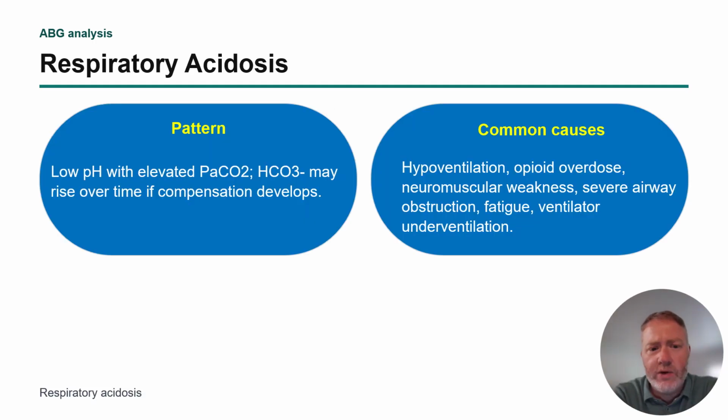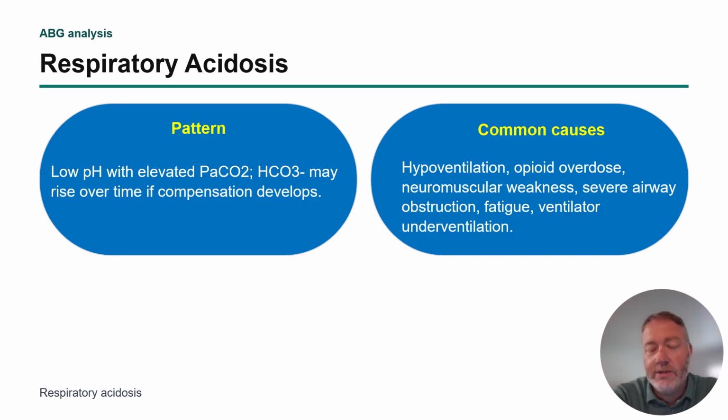In terms of a respiratory acidosis, where the pH is low and the PaCO2 is high, the bicarb can be either normal or high in most cases. If it's normal, then it's an acute situation, an uncompensated respiratory acidosis, that's an acute respiratory failure.